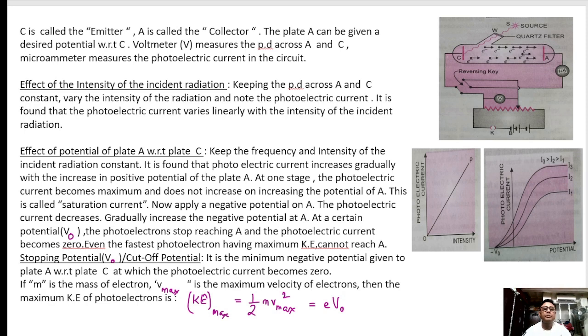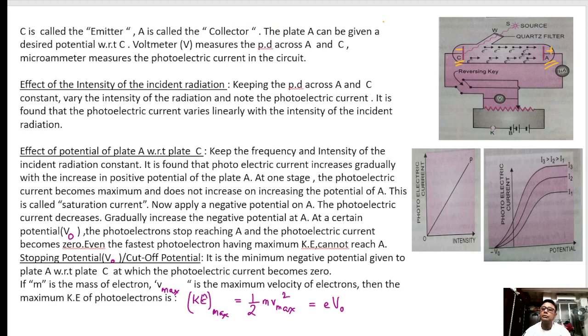Next, please watch here. This is the emitter C. A is the anode at the positive terminal, and C is the negative terminal.